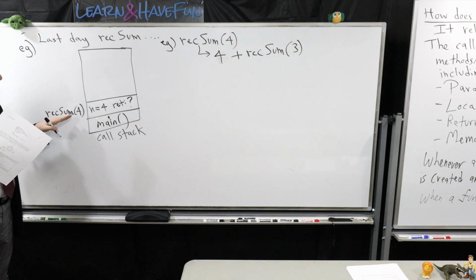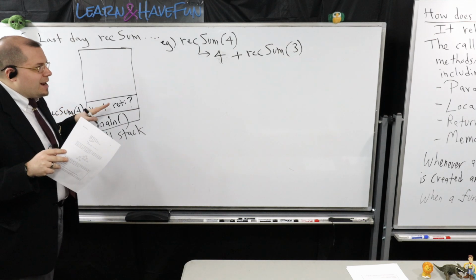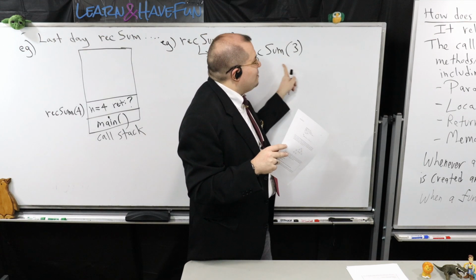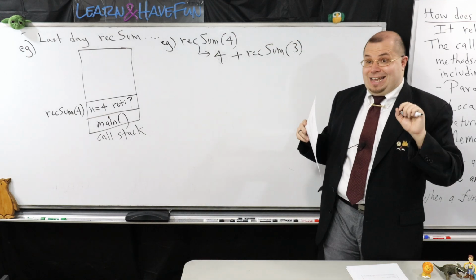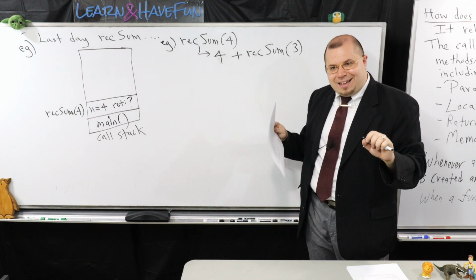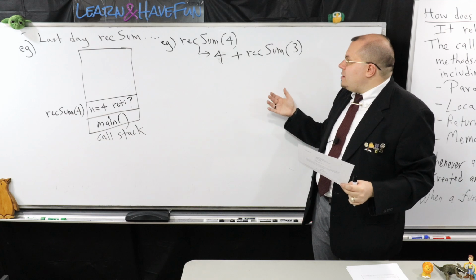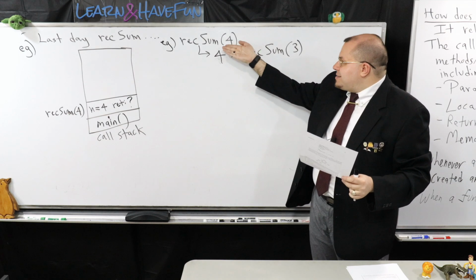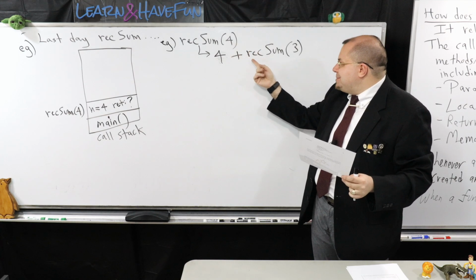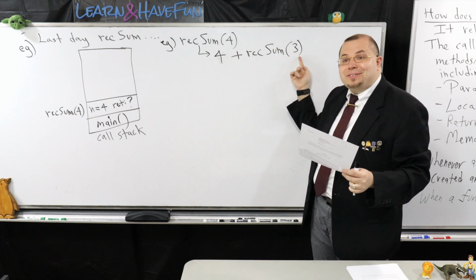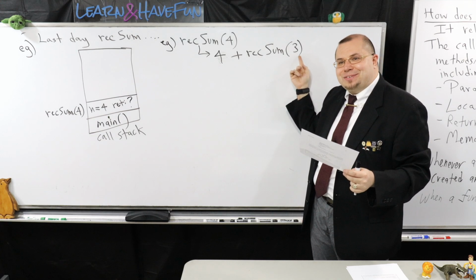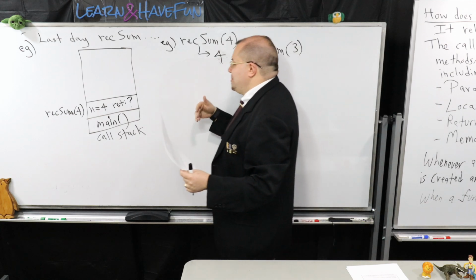For recursive sum 4 to complete, it has to finish and return the result of this line. Does everybody see that? To compute rec sum 4, I actually require the result of rec sum 3 to complete that function, right?